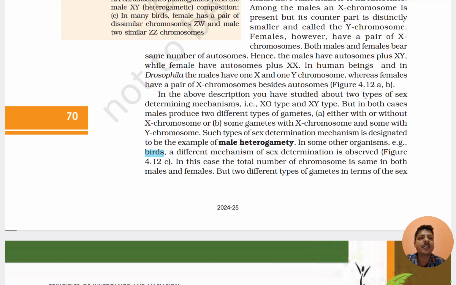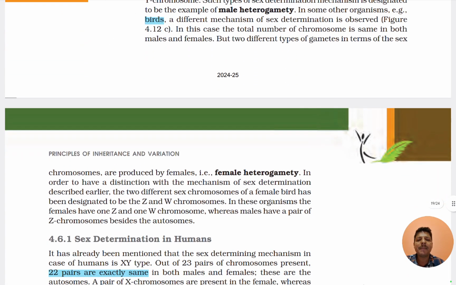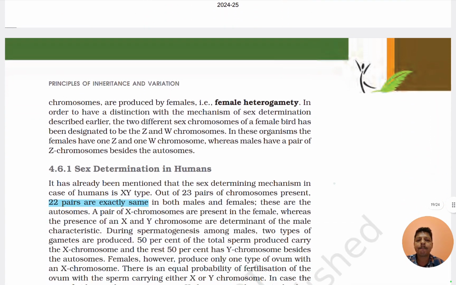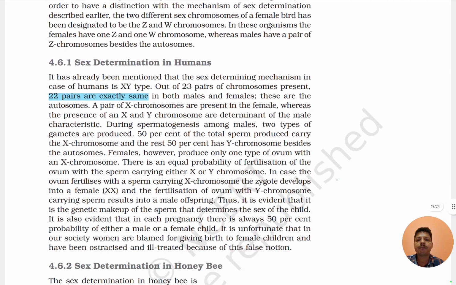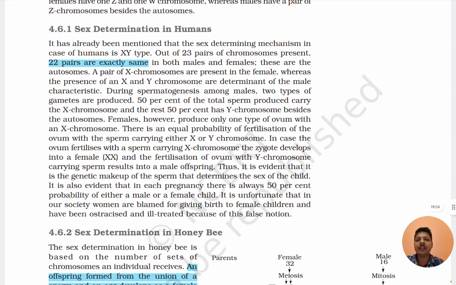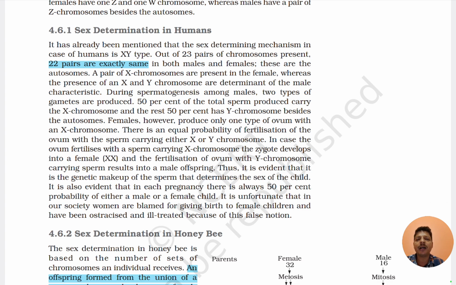And in birds there is a different mechanism where the female shows heterogamety, male shows homogamety. ZZ and ZW formation.